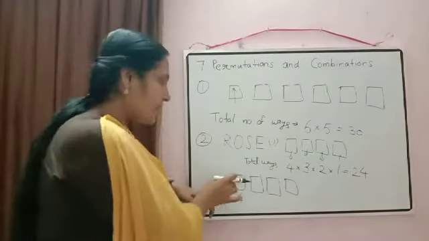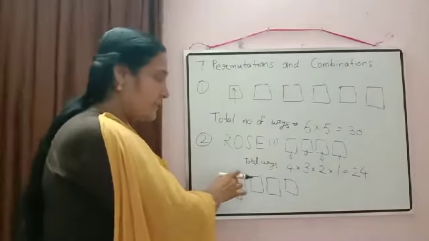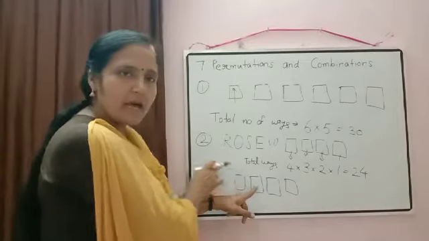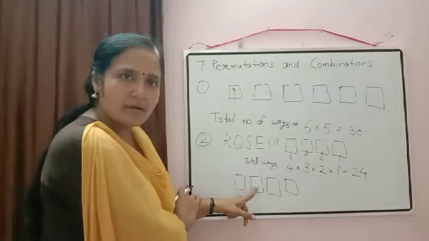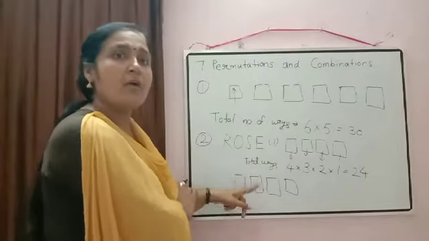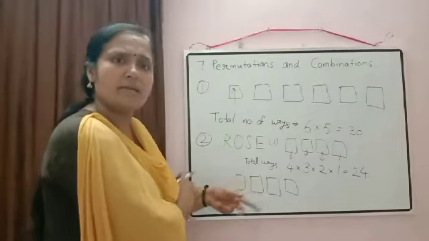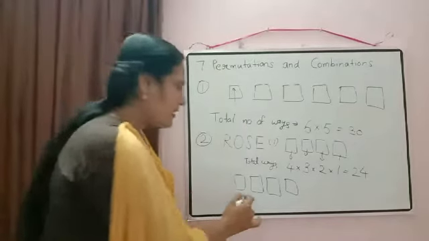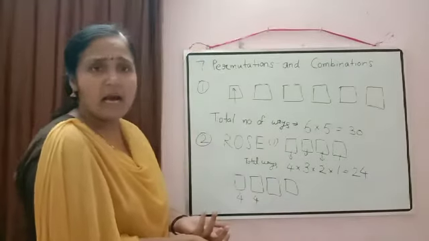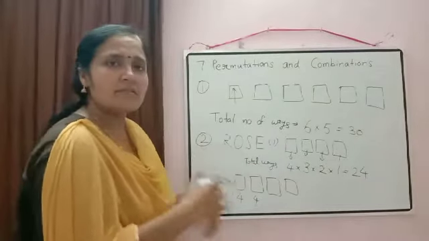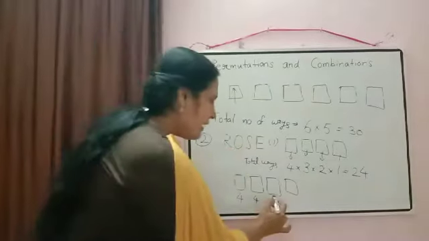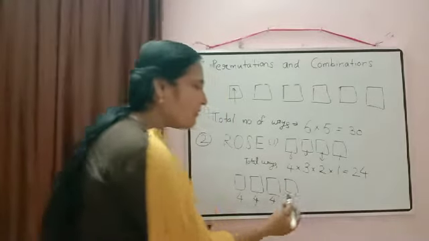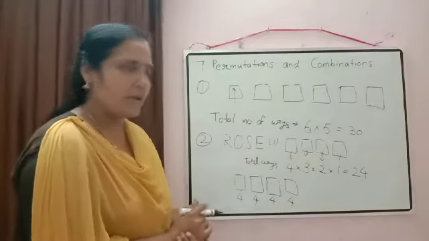And suppose if I wrote R here, since repetition is allowed, once again R can come here also. Correct? So this place again, how many options are available with this place? All 4 options are available because repetition is allowed. In this place also all 4 options are available, and for this place also all 4 options are available.